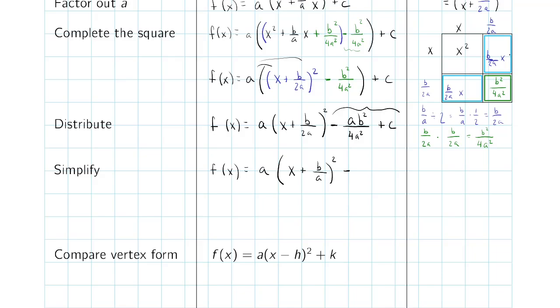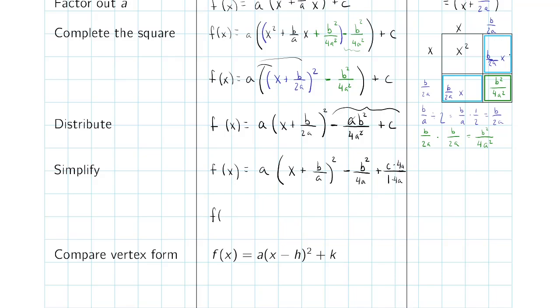We have an a that's going to cancel out with one of the a's in the denominator. So we'll have b squared over 4a plus, we've got c over 1. We'd like to get a common denominator, so we'll take 1 times 4a, which means we need to take c times 4a.